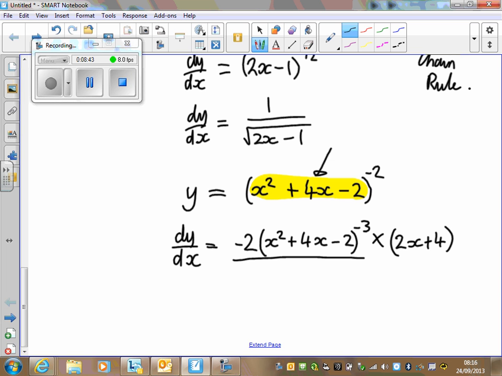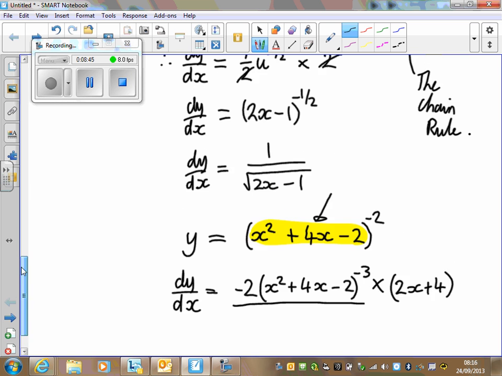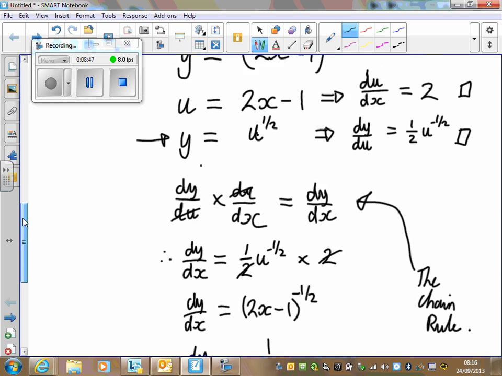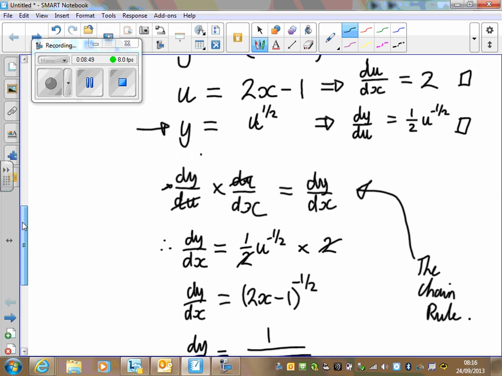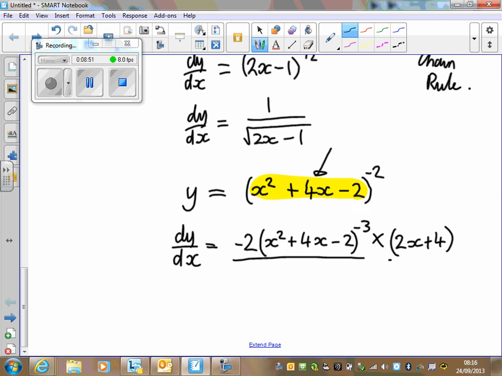So this bit here is differentiating the outside, the dy/du in our previous example, if you like. This bit here is multiplied by the derivative of the inside. Now I think we should tidy this up a bit.